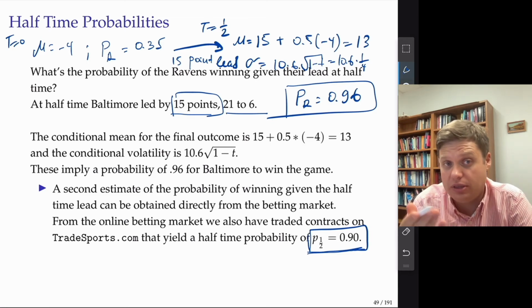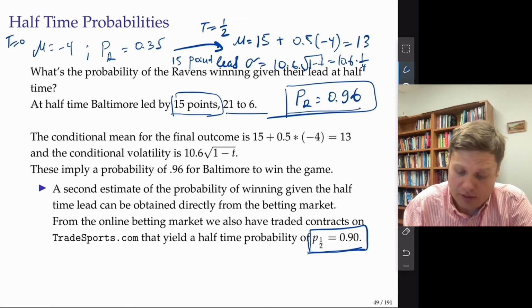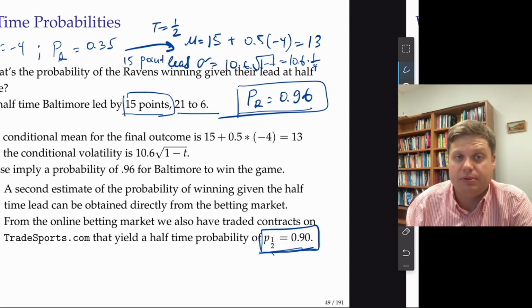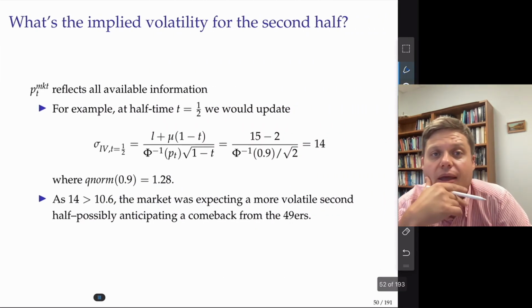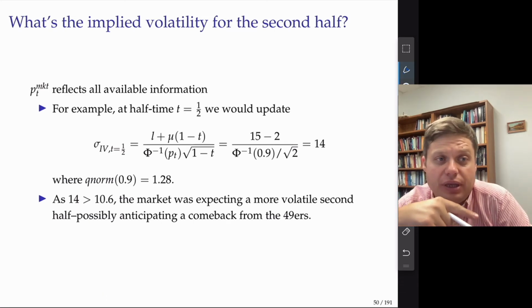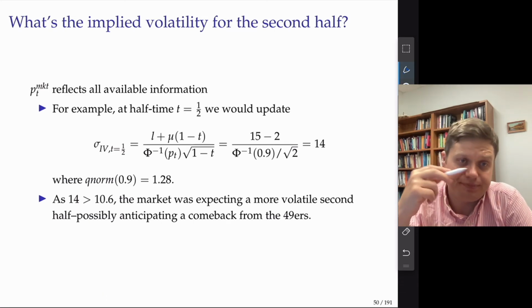So the moment you see this type of a lead, you should update to 96% probability rather than 90% as the market assumed. And let's do the same calculation for the implied volatility in the second half.